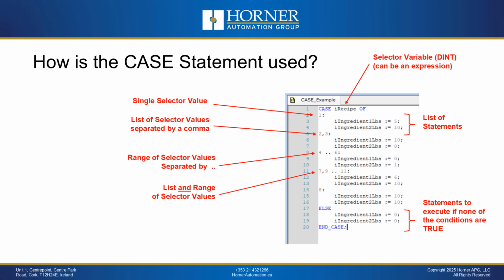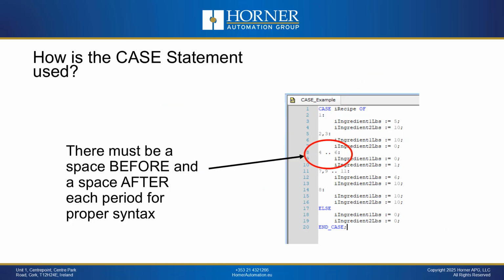It ends there with an end underscore case, and do not forget your semicolons. Those are always important. Now, an important note, if you are using the range of values, you have got those two periods in between your first and last value. Make sure you have a space before and a space after those periods for the proper syntax.